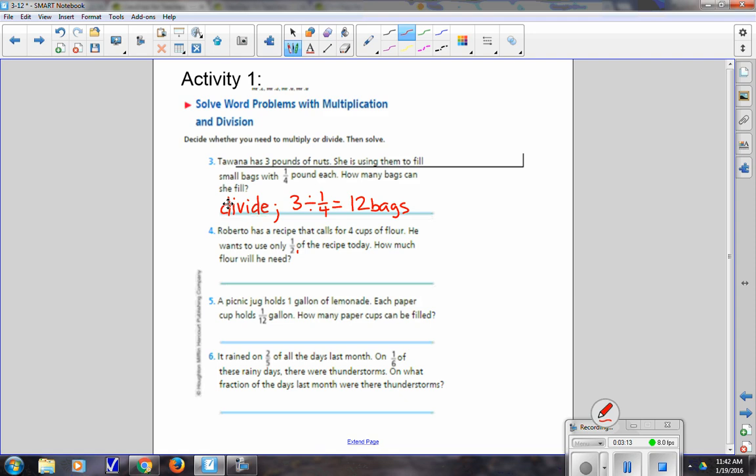How much flour will he need? Is this multiplying or dividing with fractions? The key words that you needed to hear to help you out here were half of the recipe. So he's going to be multiplying, and it's half of 4, which equals how much? 2 cups.